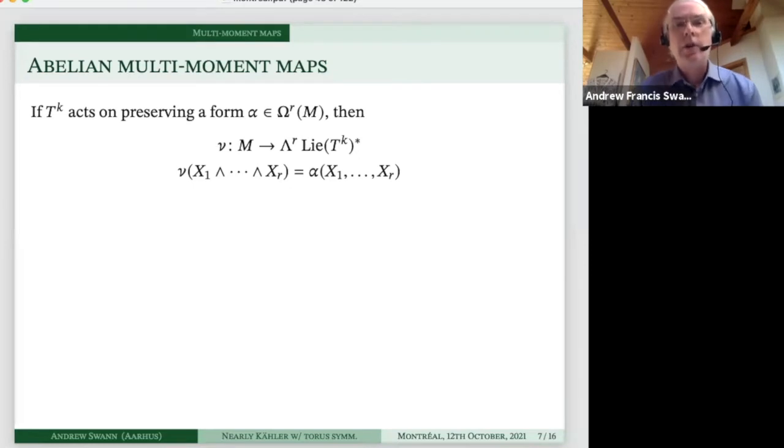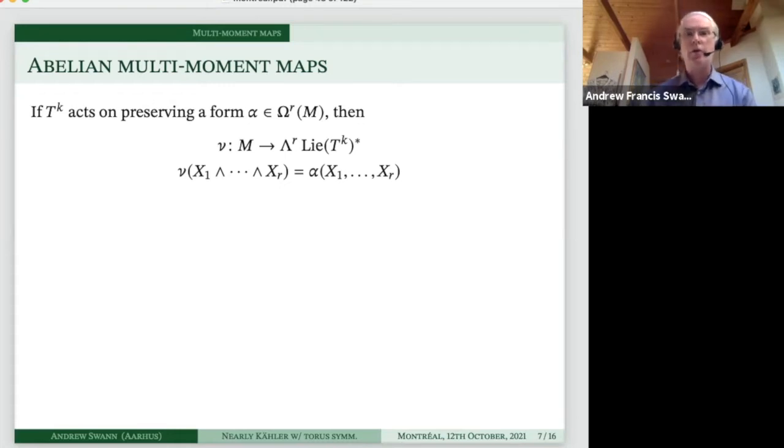So in general, if we have an r-form alpha preserved by some torus T^k, then we can define a multi-moment map to be given this way. We map to a vector space. This is the essential point in the definition of multi-moment maps, that we map to some vector space defined by the group. So here we take the dual of the Lie algebra, and we take the rth wedge product of that.